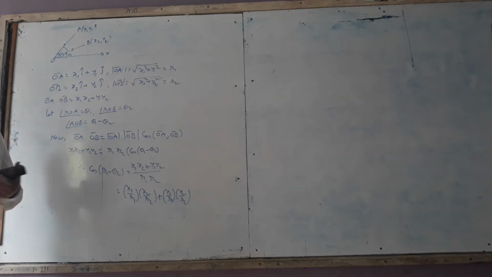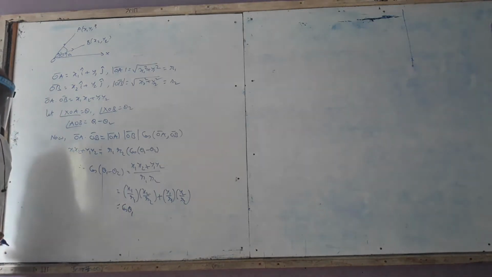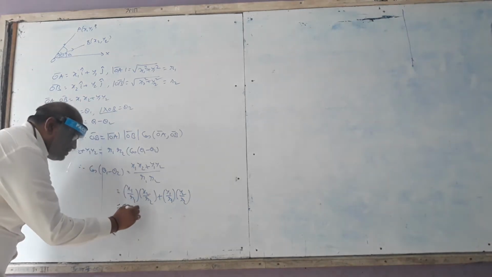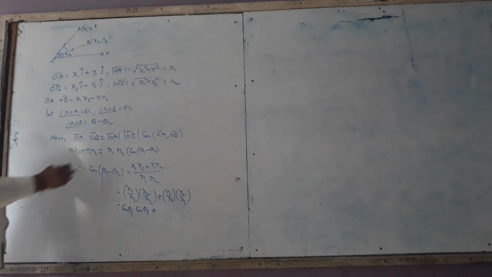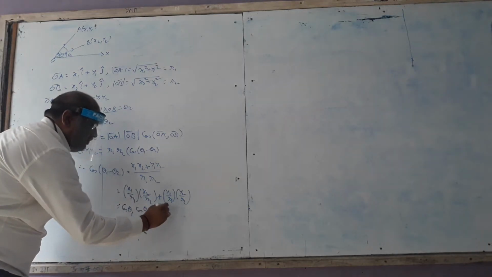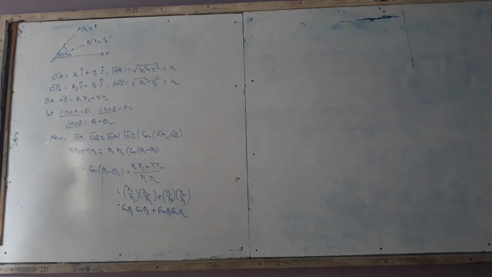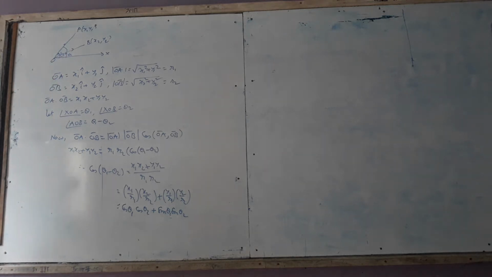So x1 by r1 is cos theta 1, x2 by r2 is cos theta 2, and y1 by r1 is sin theta 1, and y2 by r2 is sin theta 2. You can also take the projection of A on the x-axis, then from triangle OAA dash you get cos theta 1, cos theta 2 like this.